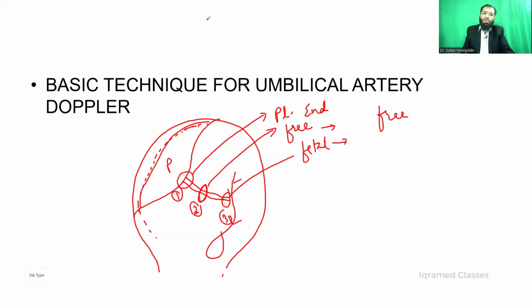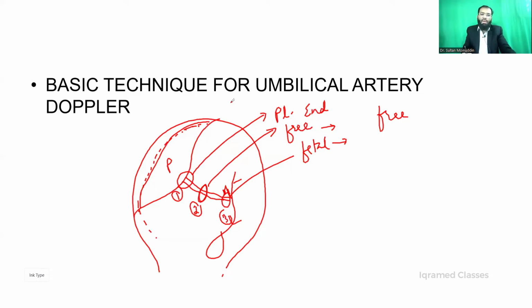Because these are those areas which get easily manipulated. So even if some amount of pressure is applied by the fetal part, or you increase the pressure from your end, that is, instead of giving slight minimal pressure, if you press the probe hard, then you might get all those umbilical artery changes like absent end diastolic flow, reversal of end diastolic flow, just by pressing those arteries.